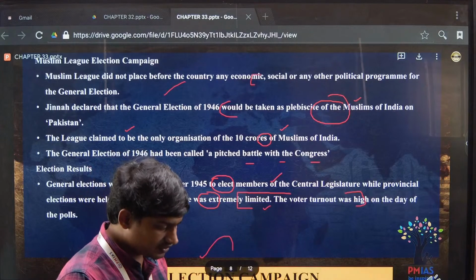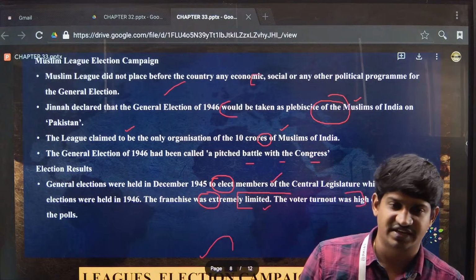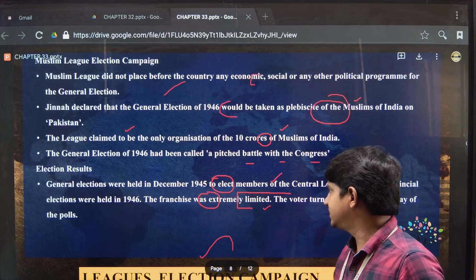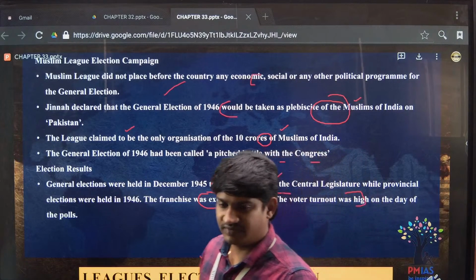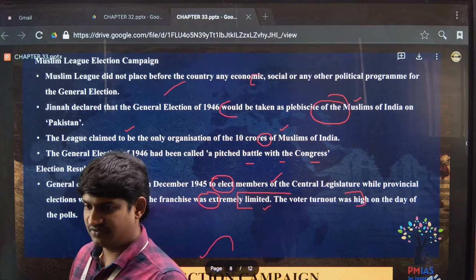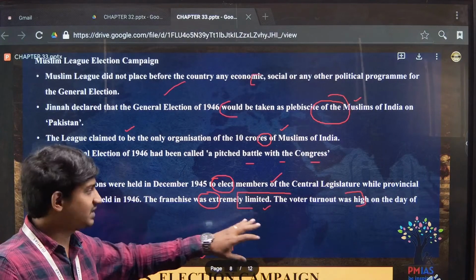Even now, complete universal adult franchise had not been granted. But compared to 1909, 1919, 1920 and then 1935, the franchise was quite relaxed.